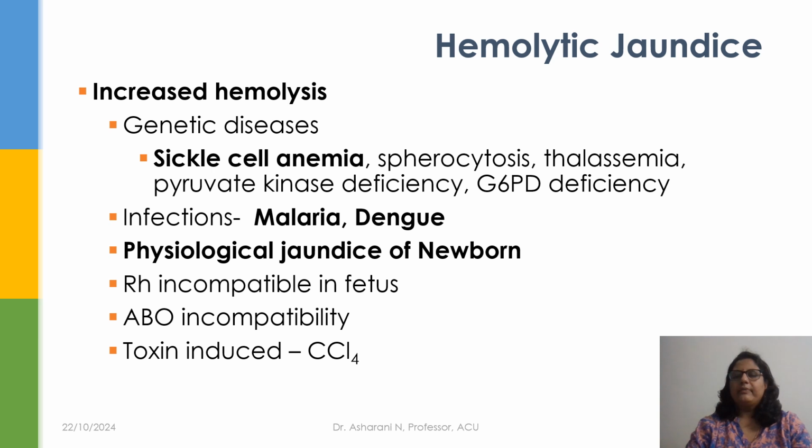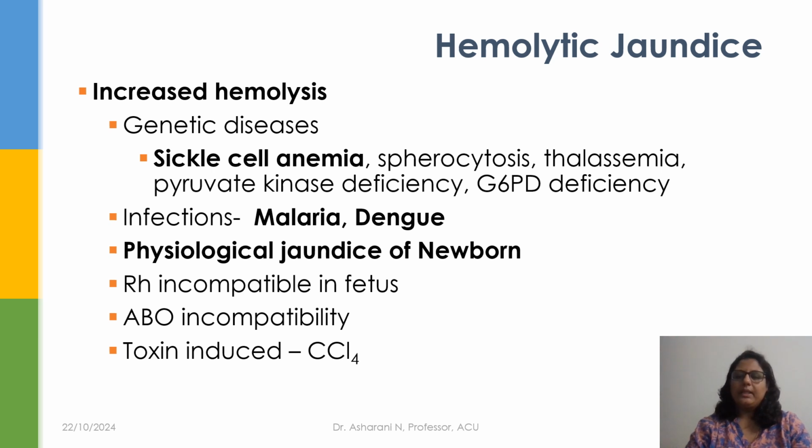In this session, we will mainly discuss hemolytic jaundice. So already we know in hemolytic or prehepatic jaundice, there will be increased hemolysis. The causes can be a genetic disease, for example, sickle cell anemia, spherocytosis, thalassemia, or pyruvate kinase deficiency, an enzyme of the glycolytic pathway, or G6PD deficiency, an enzyme of the HMP shunt pathway.